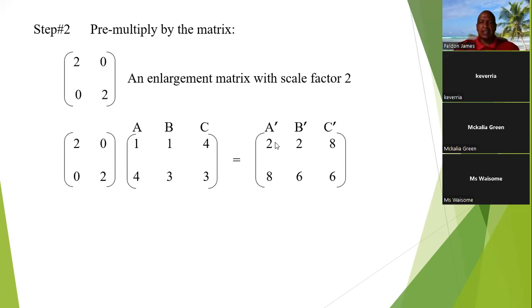The coordinates are going to be 2 times what they were for the pre-image, right? So this is 1, so it becomes 2. This is 1, it becomes 2. This is 4, it becomes 8. This 4 becomes 8. This 3 becomes 6. This 3 becomes 6. So you write these back in the form of coordinates, plot them on a graph, and you should get a bigger image than your pre-image.